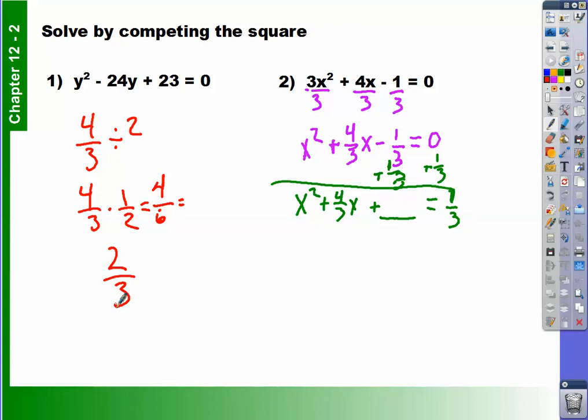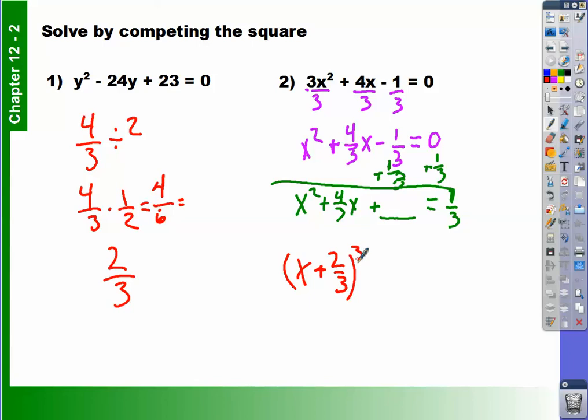All right. So I know that in my square binomial, I'm going to have my x. It's going to be a plus because the linear term is positive. What is going to be the other piece to my binomial? 2/3.